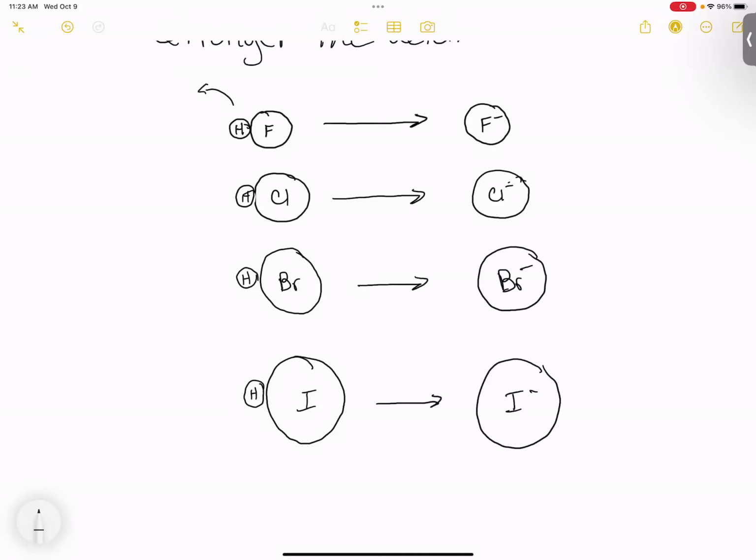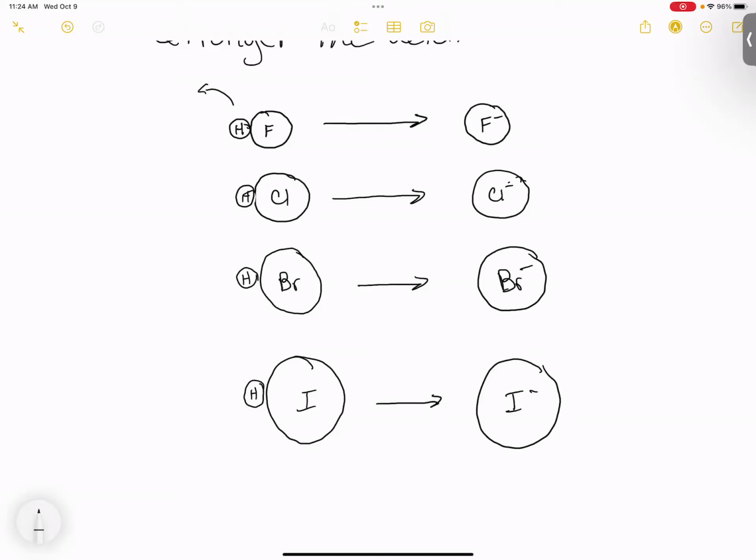Now, folks, the reason HF is weaker is because when it loses that hydrogen and becomes fluoride, that fluorine has to take on that extra electron charge. Because fluorine is such a small atom to begin with, it knows that it took on that electron charge. It feels that electron charge.